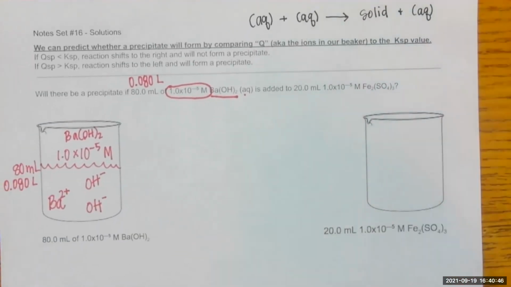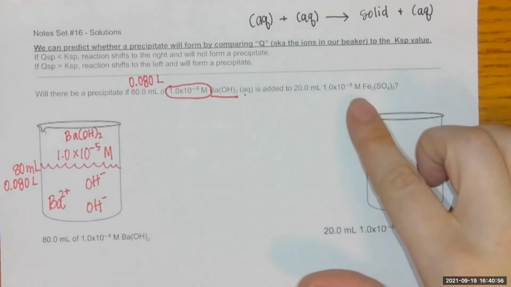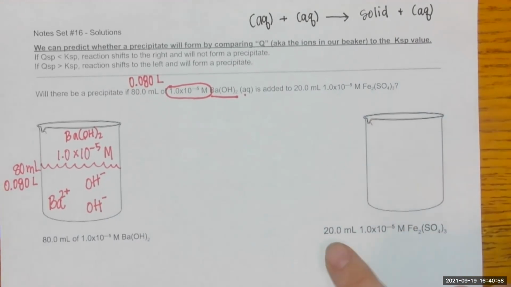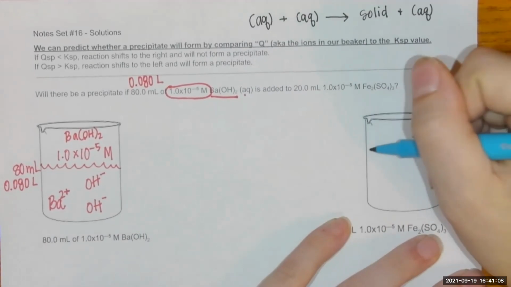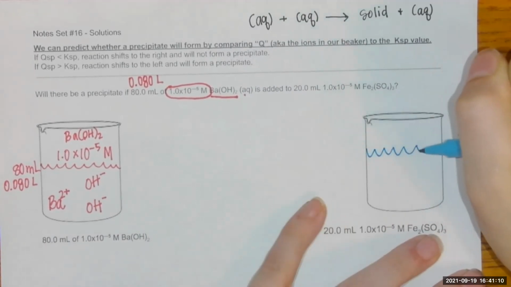Your turn, do the exact same thing, but we're going to do it for the iron sulfate. We have 20 milliliters of same concentration iron sulfate. I'll do it with you, but try and not peek too much at my screen here, unless you need a hint.